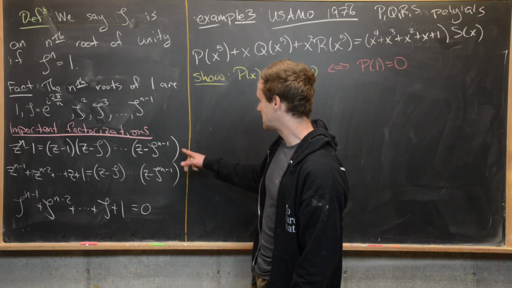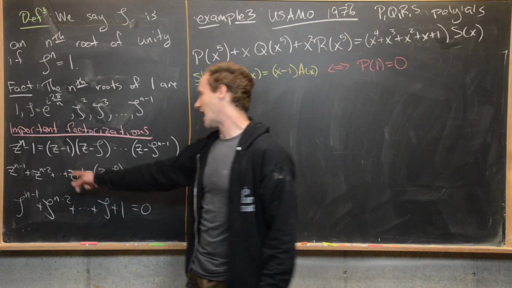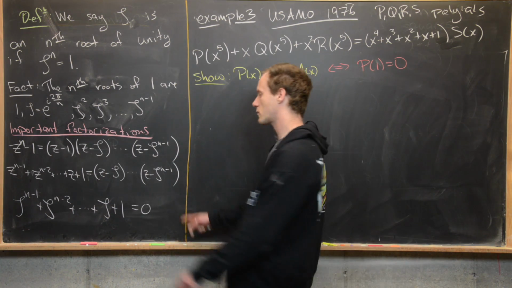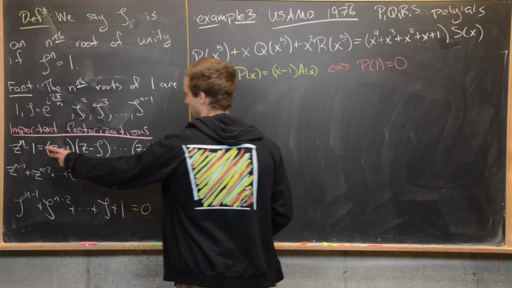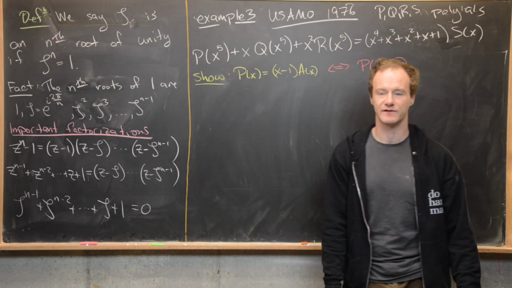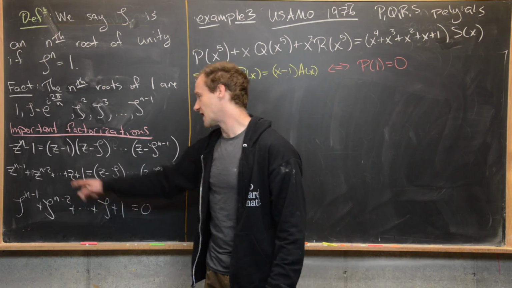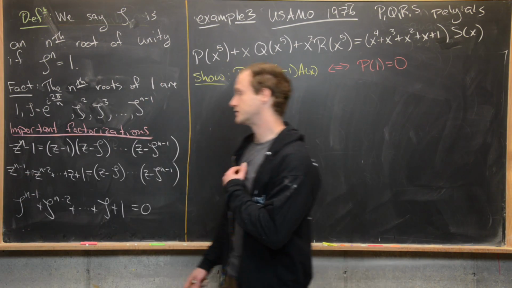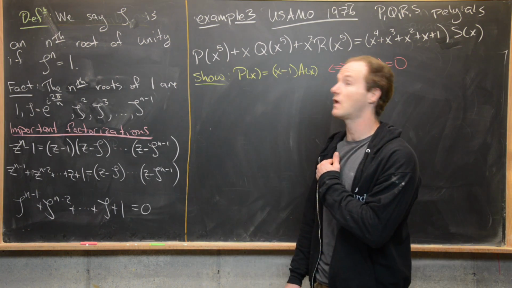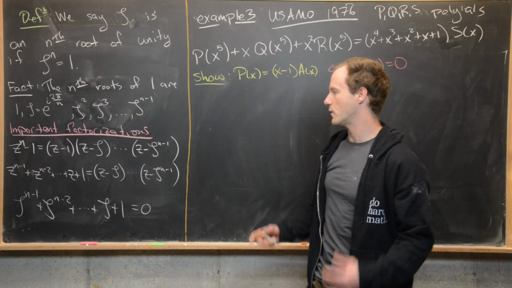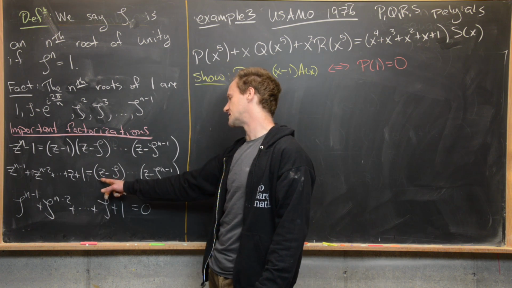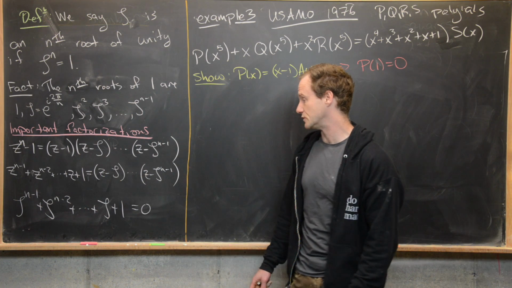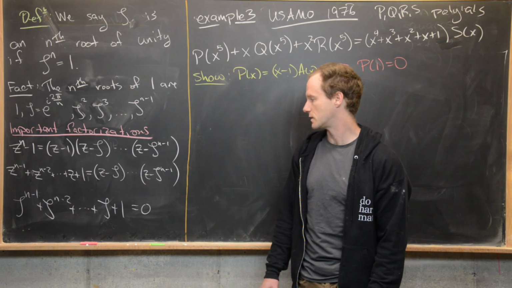Now, if we go ahead and take both sides of this equation and divide it by z minus 1, well, the right-hand side is going to look essentially the same, just without a z minus 1 as part of this product. But the left-hand side is going to simplify to this object, and this is an important formula. So z to the n minus 1 plus z to the n minus 2, all the way down to z plus 1 is z minus zeta times z minus zeta squared, all the way up to z minus zeta to the n minus 1.